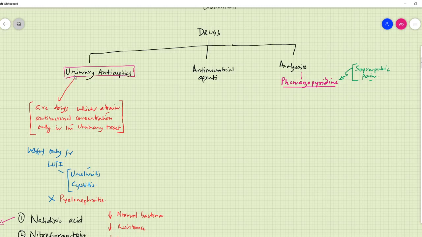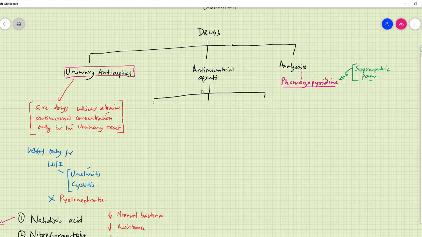So now let us talk about antimicrobial drugs. Antimicrobial drugs again can be classified. We have said the UTI is caused by bacteria, fungus and viruses.